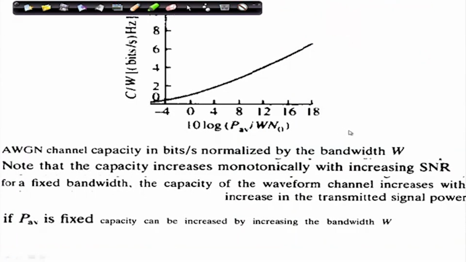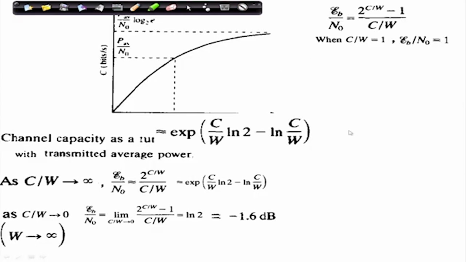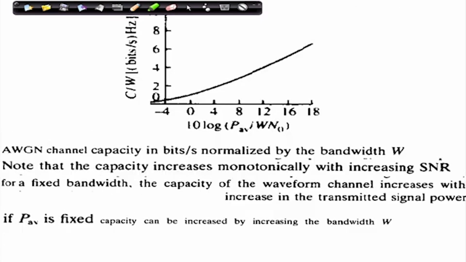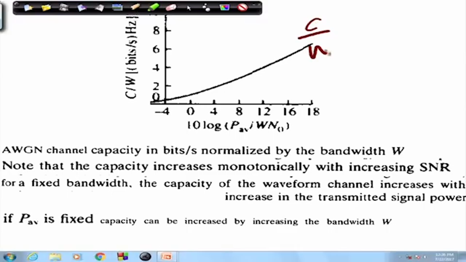The next important result is the situation when we keep on increasing W. If we check this expression, C upon W is equal to log base 2 of 1 plus gamma, we stated that if we keep on increasing gamma, you keep on increasing C, if I keep W constant.